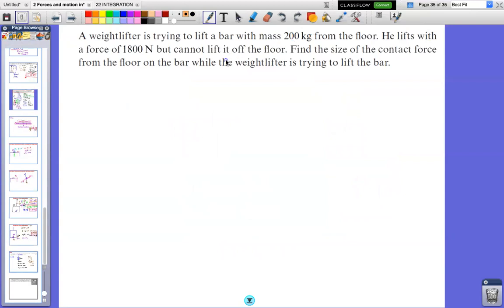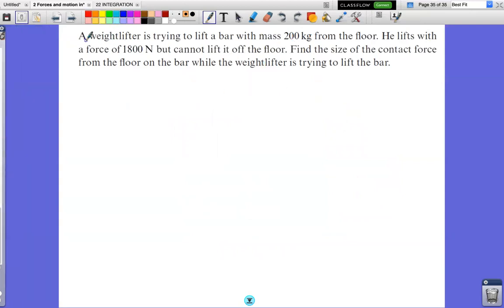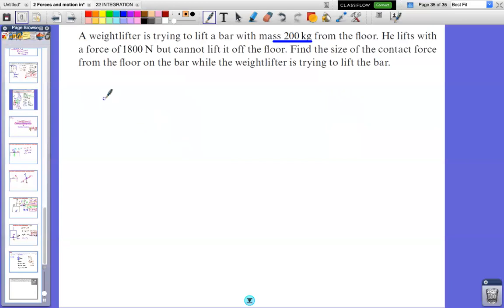Second problem, a weightlifter is trying to lift a bar with mass 200 kilograms from the floor. So we have the floor, and there is a bar on this floor. The weightlifter is trying to lift it from the floor.